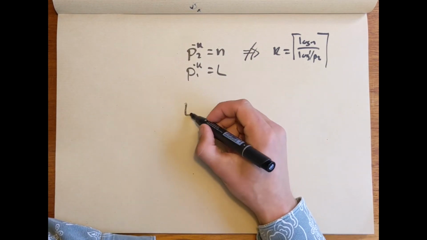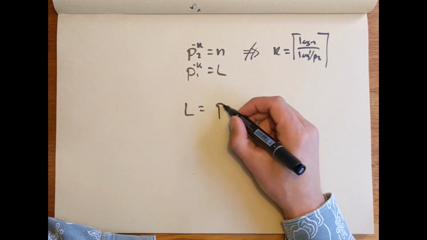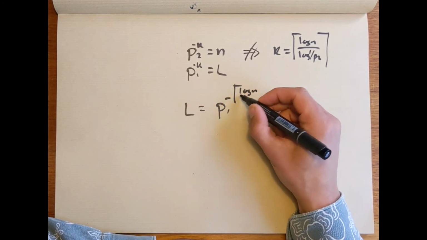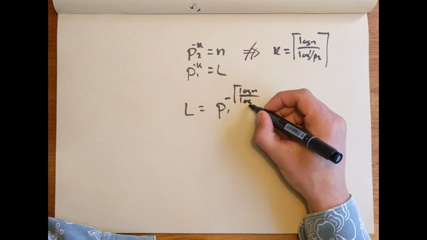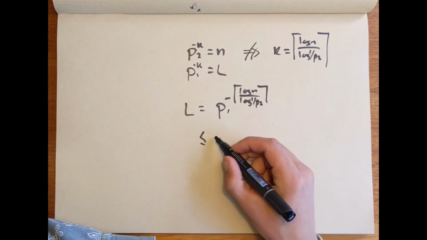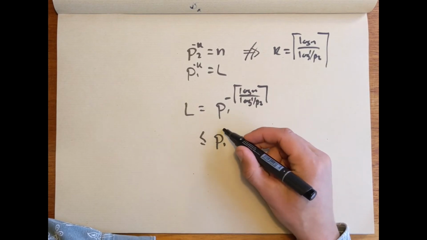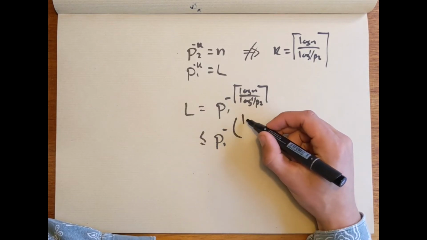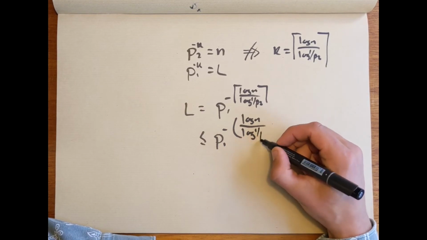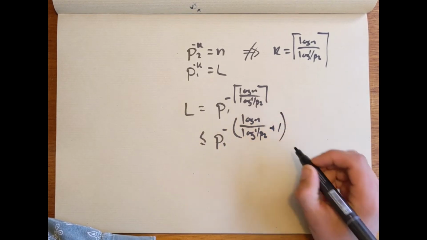Then we end up with L equals p1 to the minus log n over log 1 over p2. This is less or equal to p1 to the minus log n over log 1 over p2 plus 1.